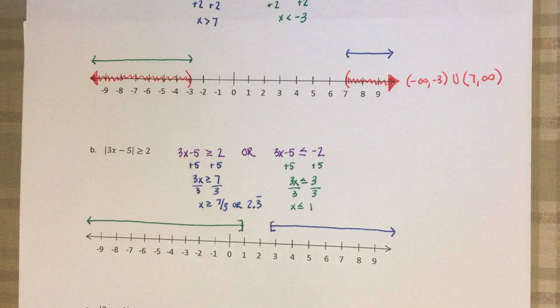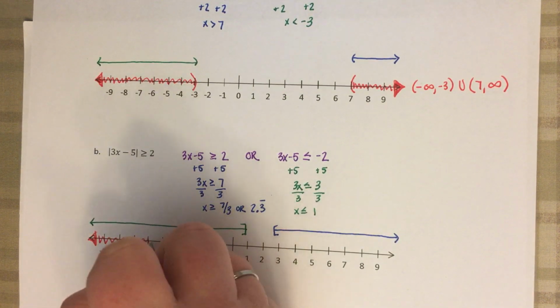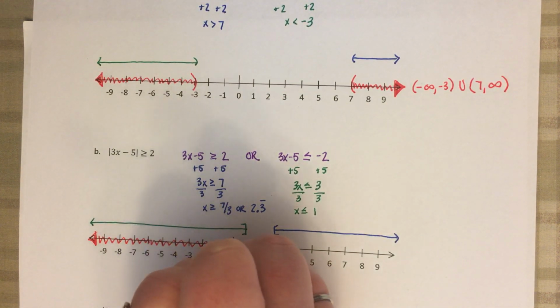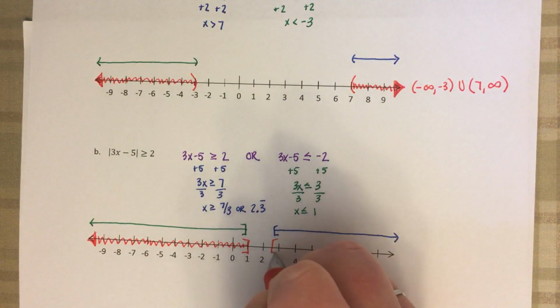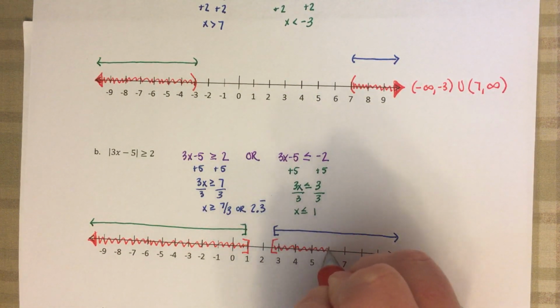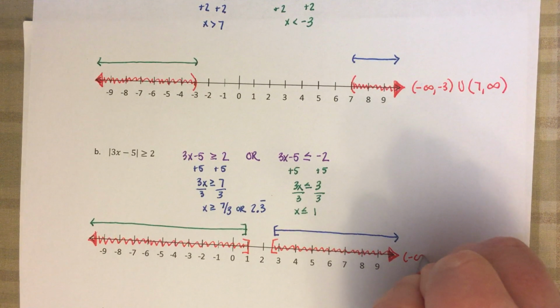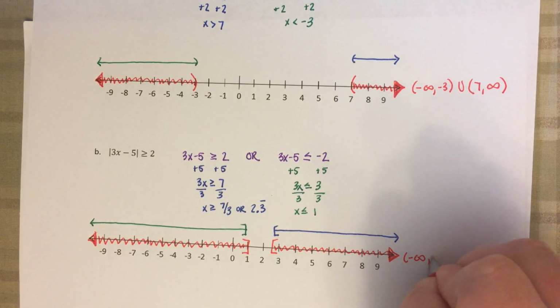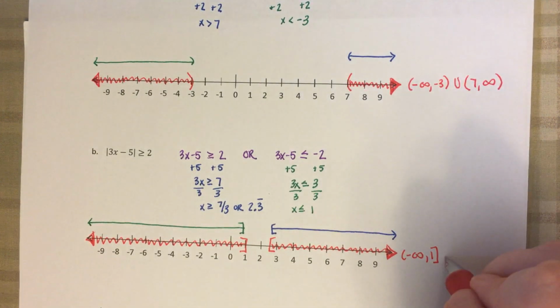For our final answer, we want to shade in on our number line, and then we're going to write our final answer in interval notation as well. So negative infinity to 1. 1 gets a square bracket, infinity always gets parentheses.